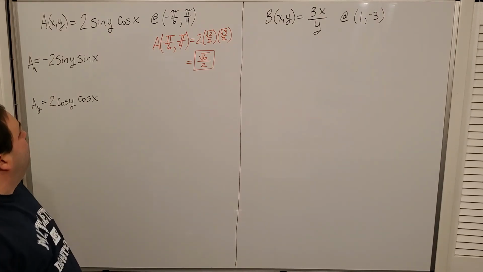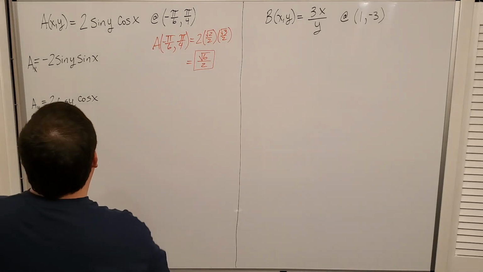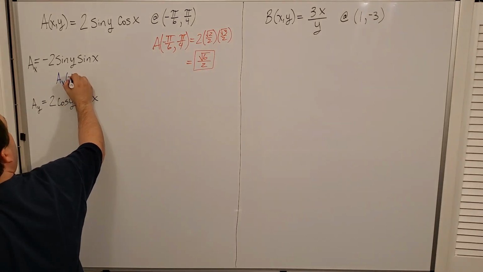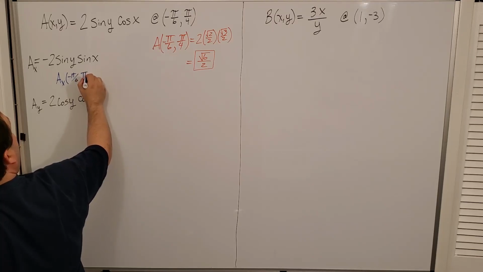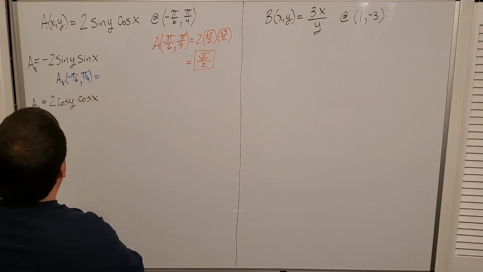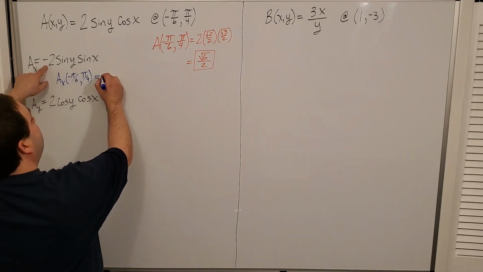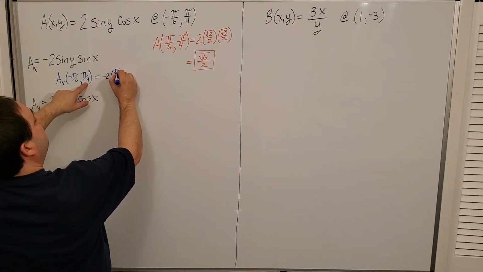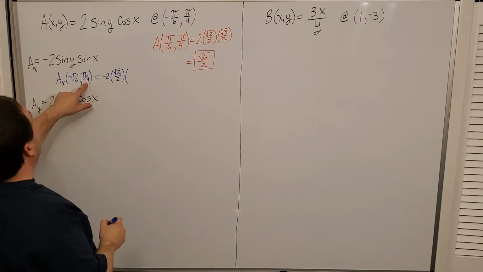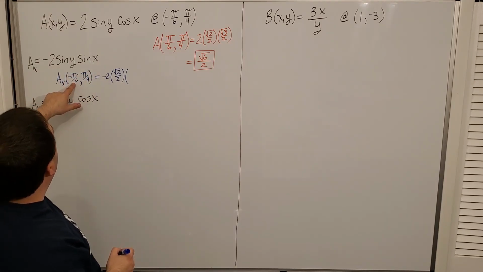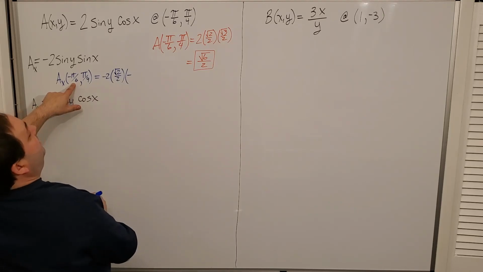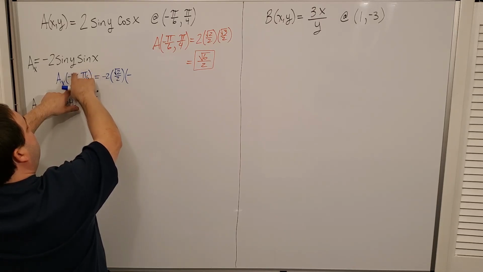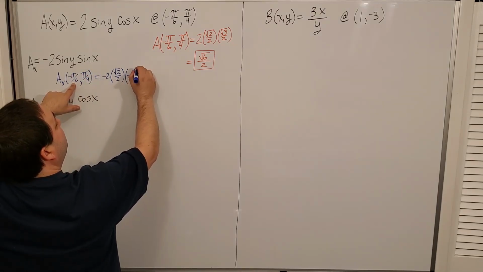All right, let's find our values at the given location. My partial derivative with respect to x at the negative pi over 6, pi over 4 location: I'll have negative 2 times sine of pi over 4, which again gives me square root of 2 over 2, and then the sine of negative pi over 6 is going to give me a negative, because sine in quadrant 4 is negative, and sine of pi over 6, sine of 30, is 1/2.